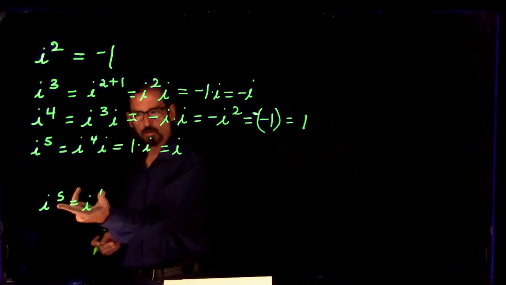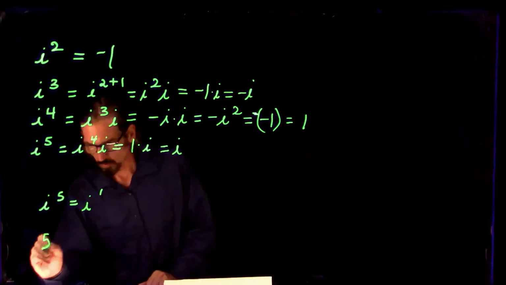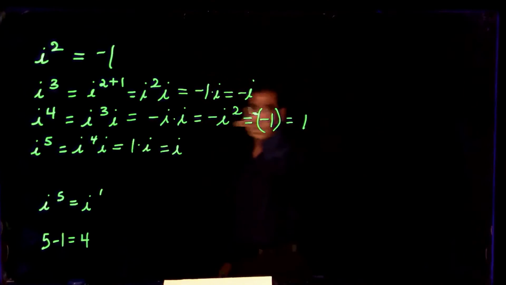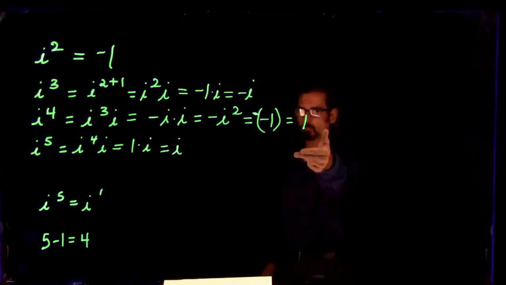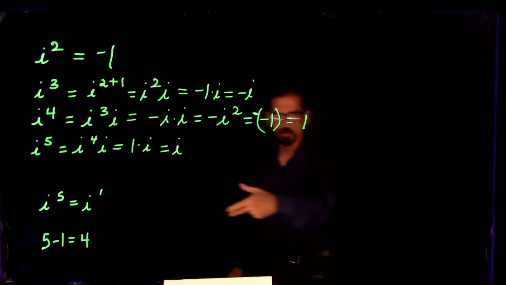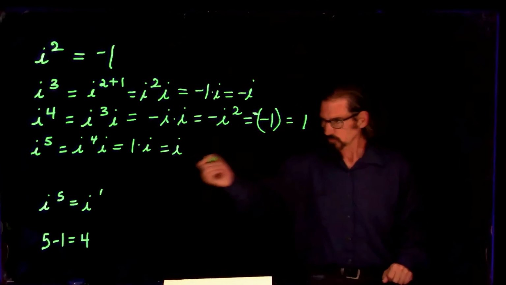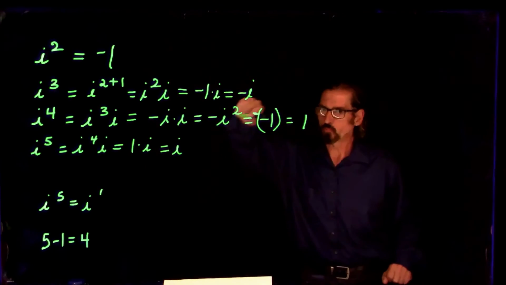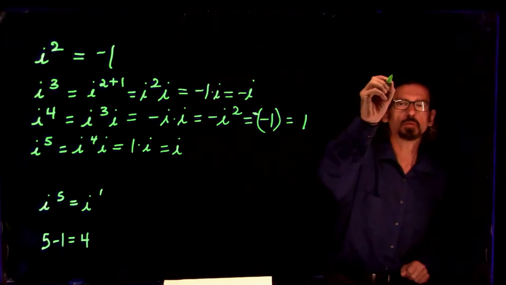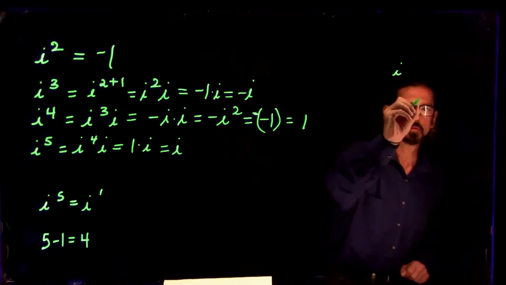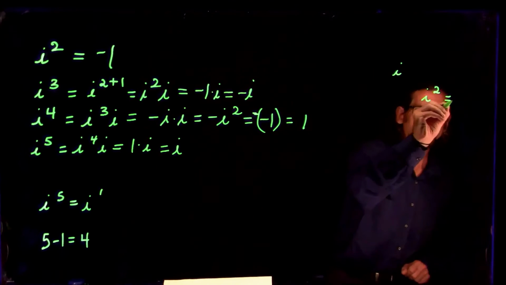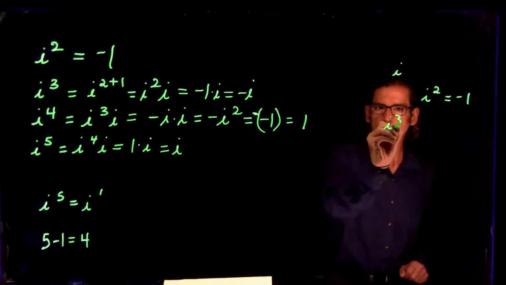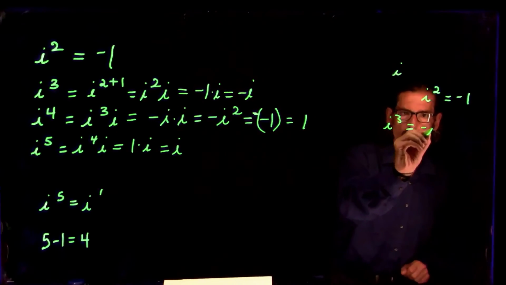Notice that those are 4 parts. And we figured out i to the fourth was the purely real number, 1. What's going to happen here is every fourth power, we go back to where we were, like a clock, set 12 hours or 4 hours.